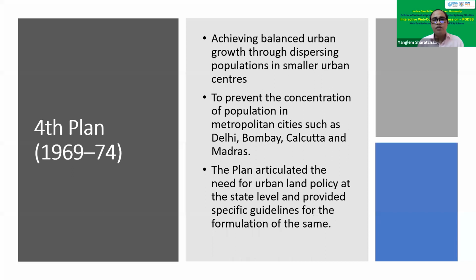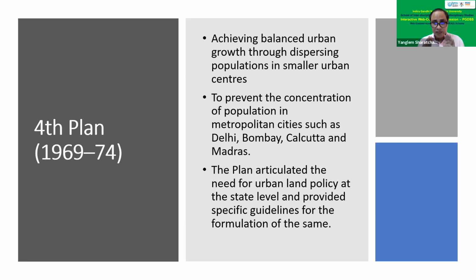If you come to the fourth plan, what India realized, especially in 1969 to 74, is that some cities like Mumbai and Kolkata were overcrowded even before independence.